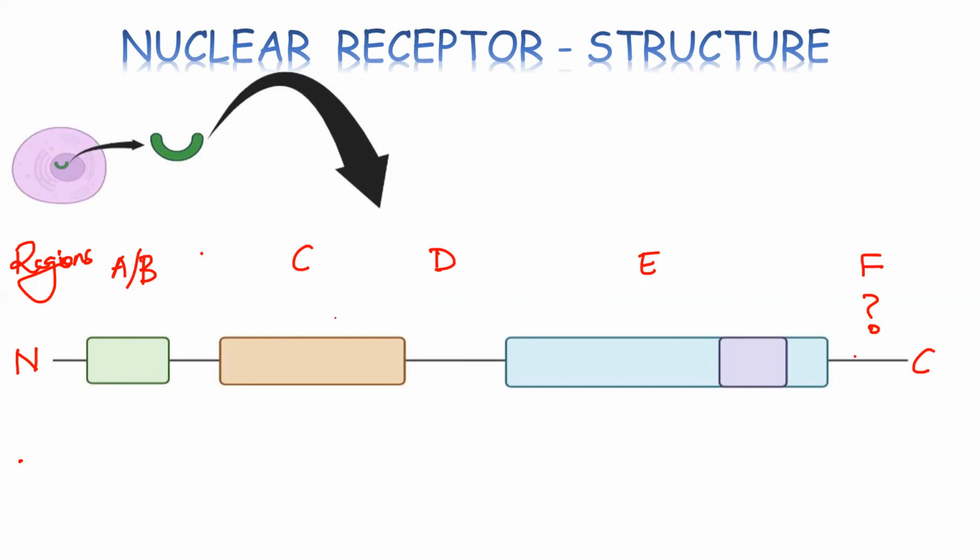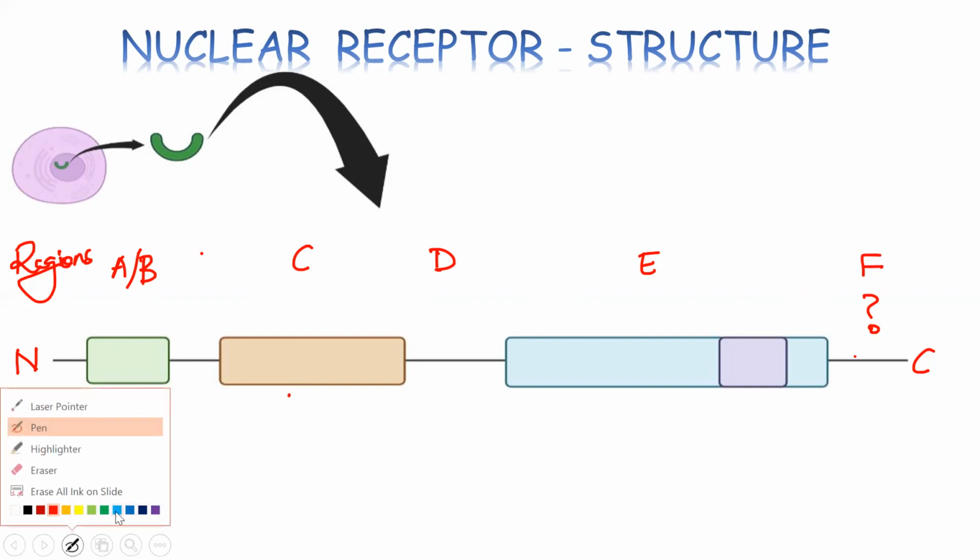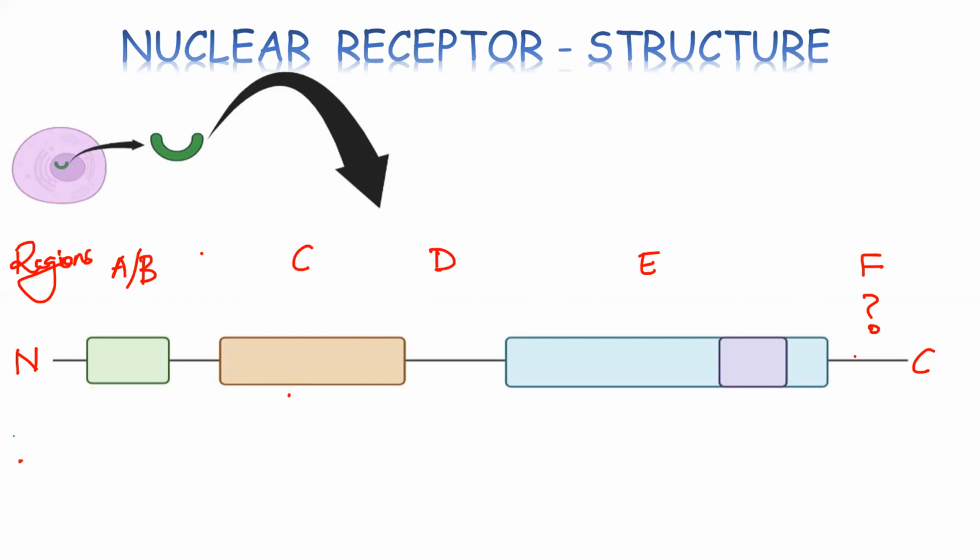So what are these regions basically? To understand them, I think we should first look at their names. At the N terminal, the AB region signifies something called AF1. It's called activation function 1 or transcription activator function 1.